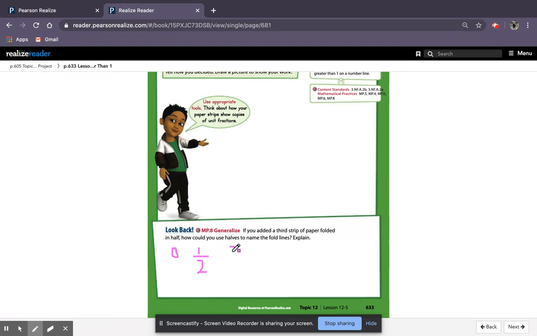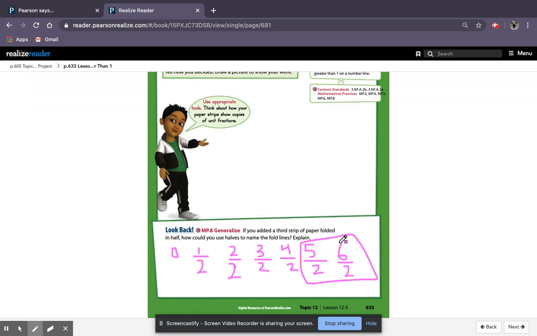and then we would have our 2, and then we would have our 3, and then our 4, and then our 5, and then our 6 halves, because we would just add on 2 more pieces, because this would equal one whole piece of paper, like one whole other little sheet.